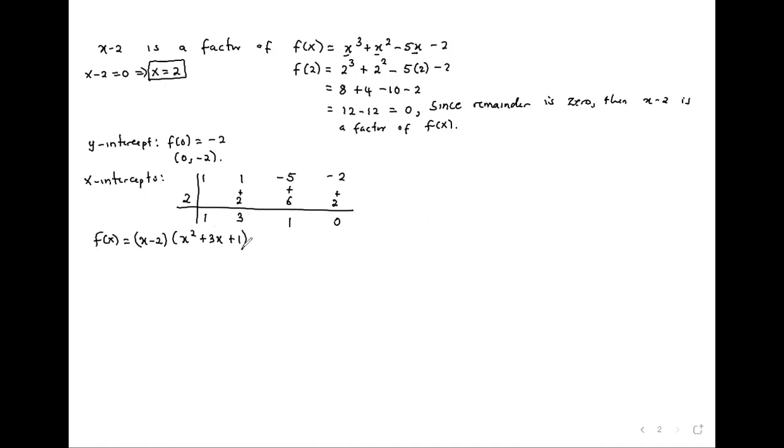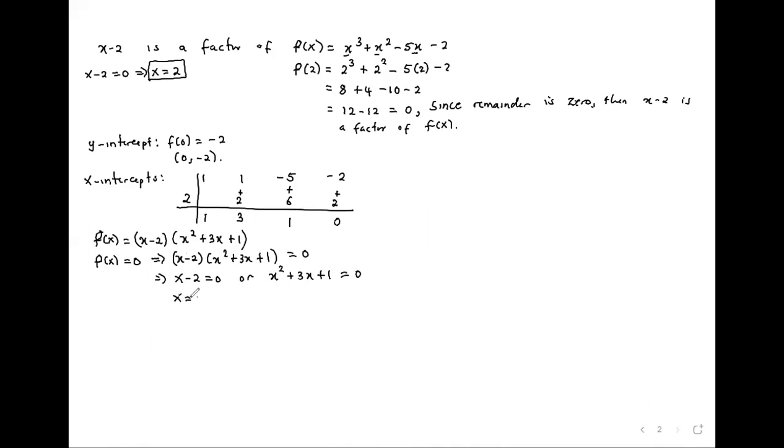Now, when you equate p of x to 0, we'll be equating x minus 2 times x squared plus 3x plus 1 to 0, which is just saying x minus 2 is 0, or x squared plus 3x plus 1 is 0.